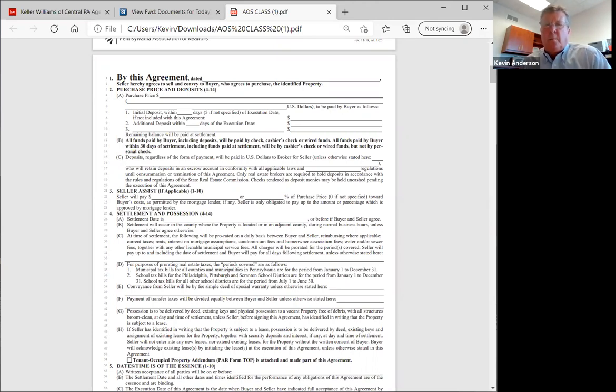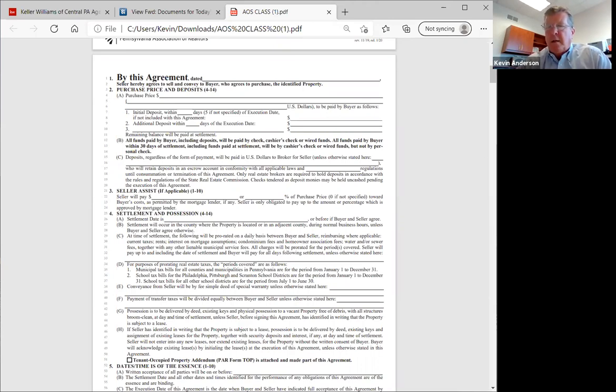Now, under where that deposit's held, it's held by the broker for the seller. Does it have to be? No, doesn't have to be. A lot of times, well, sometimes, new home builders want to hold the deposit, and it's a substantial deposit. And some people say, well, you can't do that, the broker for the seller has to hold the deposit.